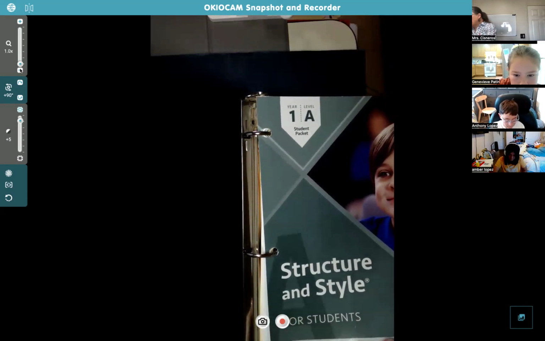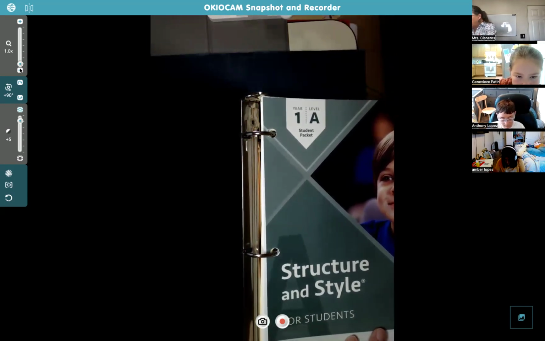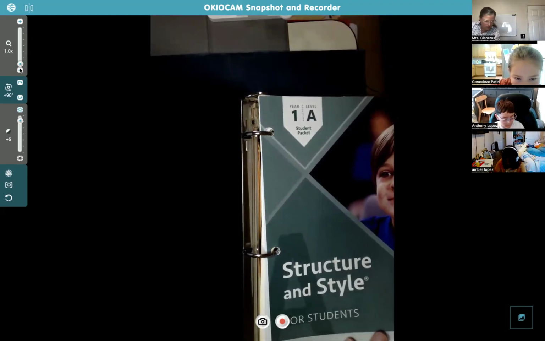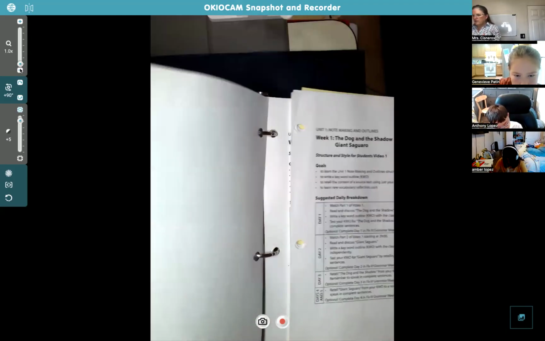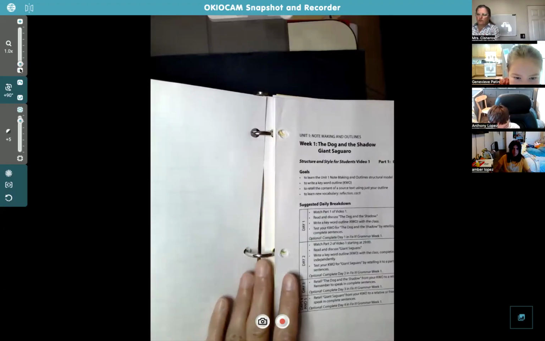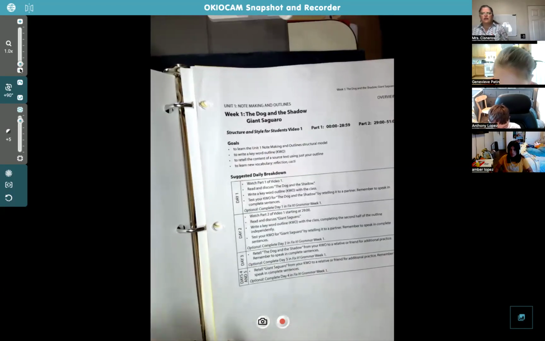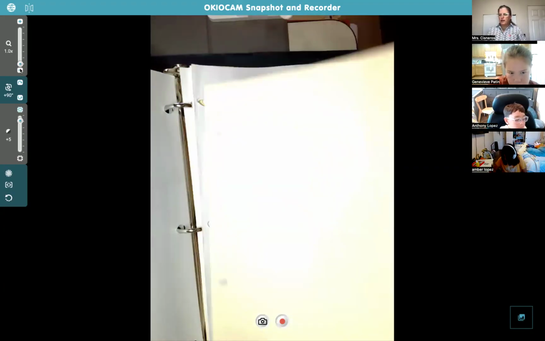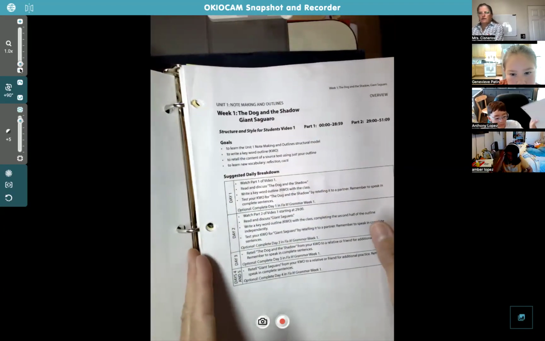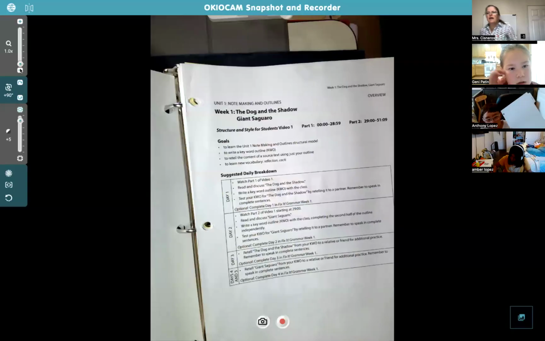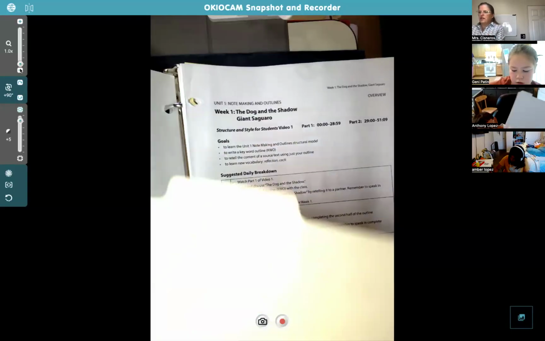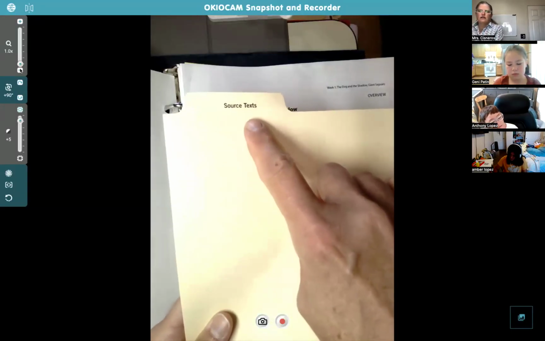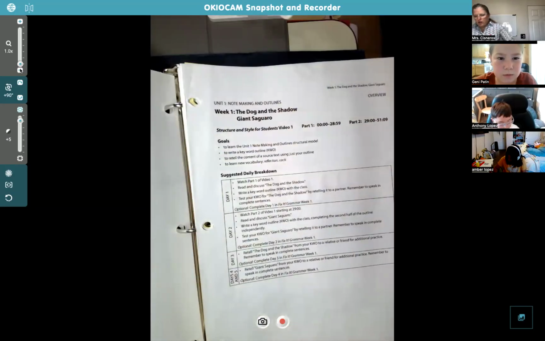Then I want you to flip until you see page 8. The tab is going to go between page 8 and 9. That's where you're going to put the tab back in the binder. Okay. This one, right? Yeah, the one that says source texts.